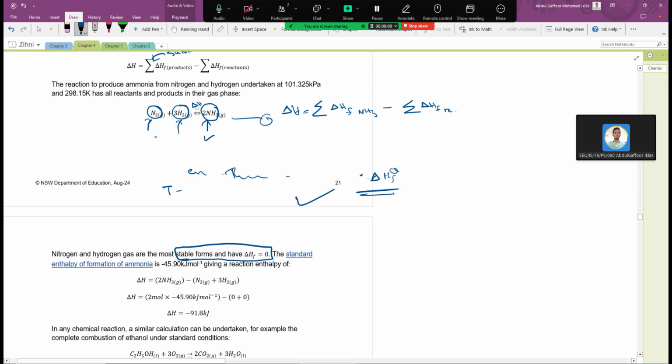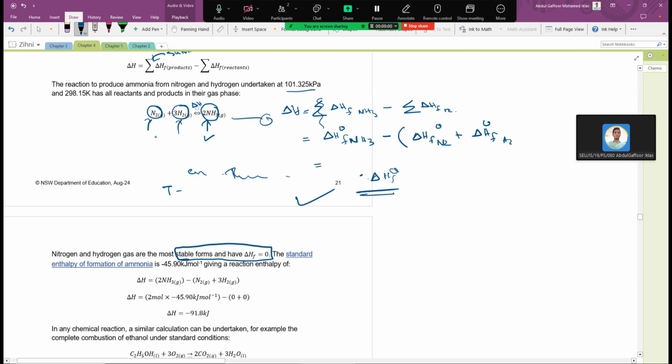Now here we have two reactants, right? Since we have only one product, this can be written as delta HF NH3 theta, minus delta HF N2 plus delta HF H2, theta.